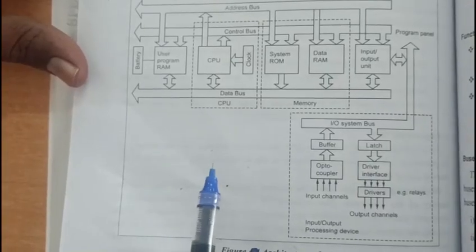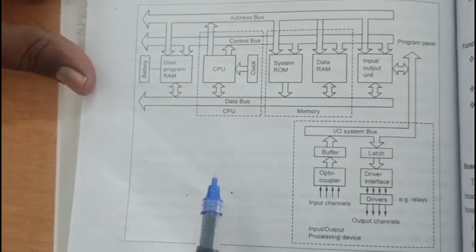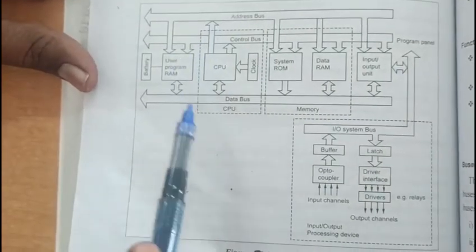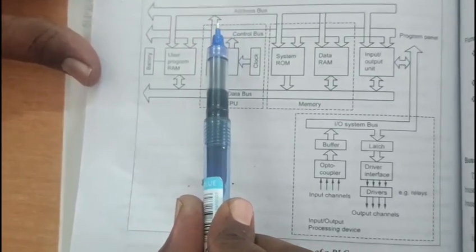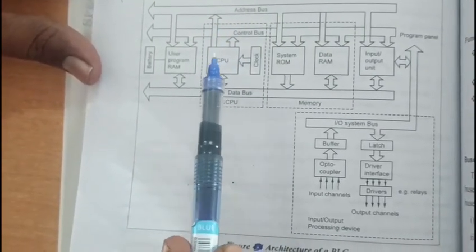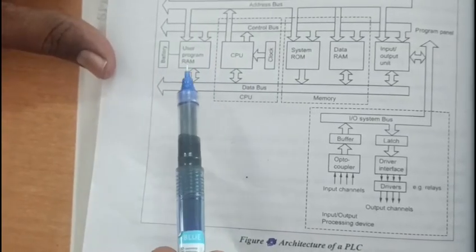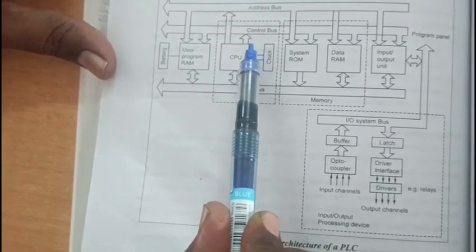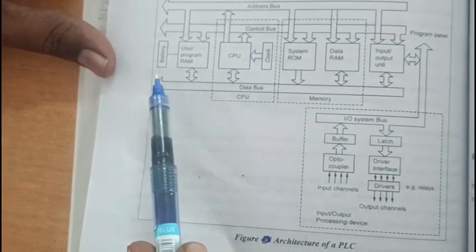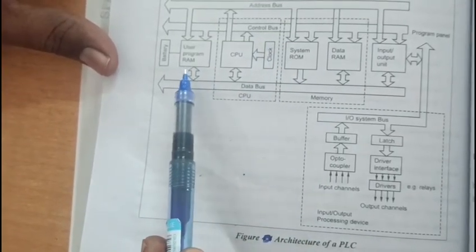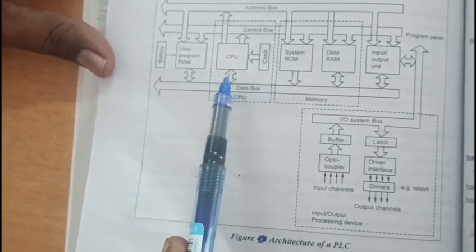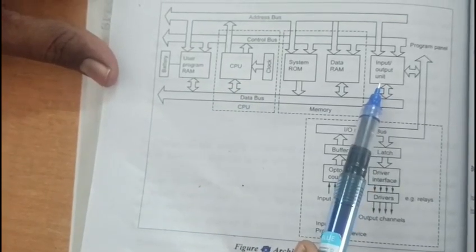This is the detailed architecture of a PLC. Inside the PLC we have the address bus, control bus and data bus. The address bus is used to specify which input you are giving, and to connect it to the PLC. The control bus is used to control the entire operation of the PLC. It controls the RAM, ROM, CPU and input output units.